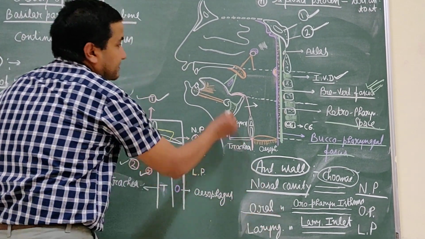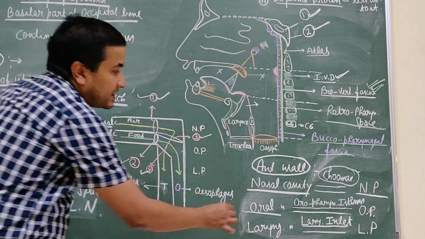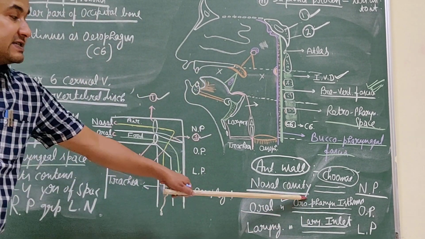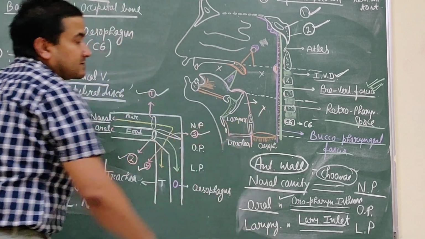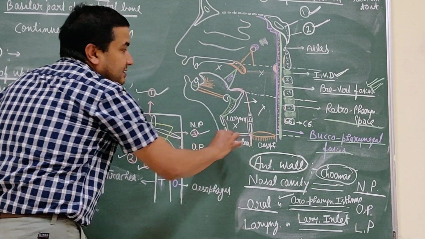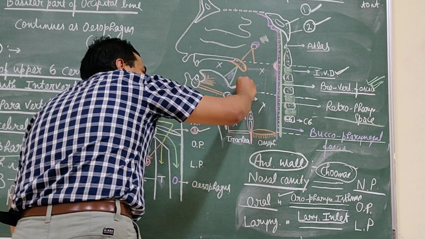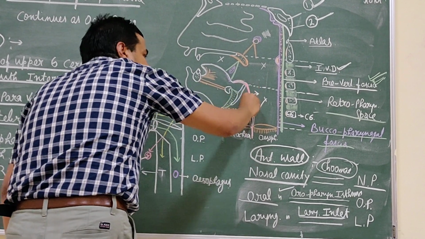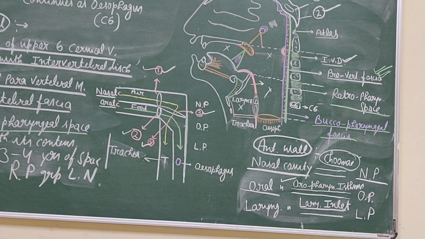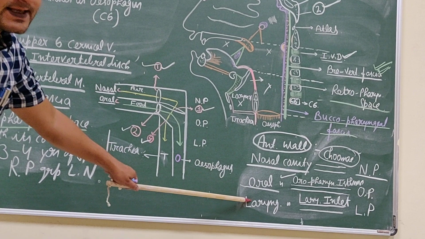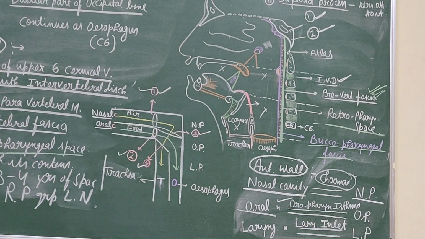The oral cavity communicates with the oropharynx through the oropharyngeal isthmus. The laryngopharynx communicates with the larynx through the laryngeal inlet, which is obliquely placed. So in short, the anterior wall is deficient, with openings through which the pharynx communicates with these cavities.